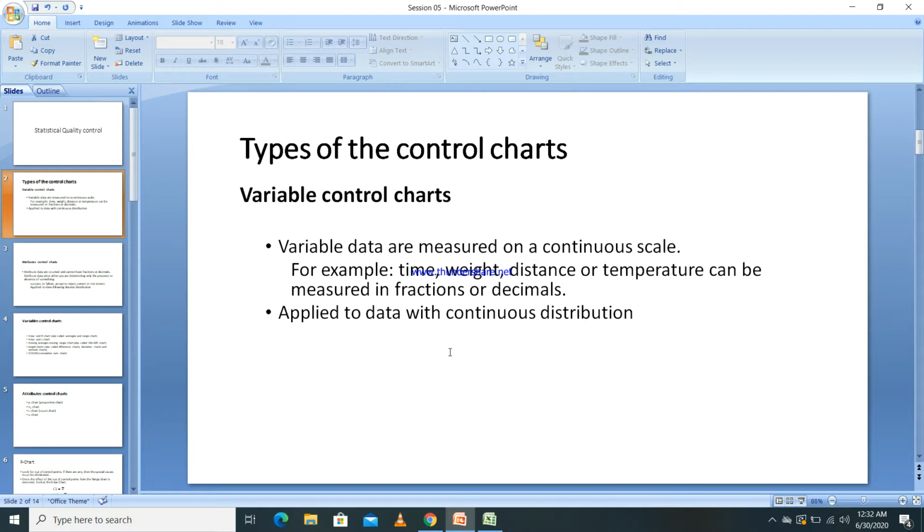Anything, but the important thing is this variable should be on a continuous scale. That is, the variable can be measured in fractions or decimals. So if you can find a variable which is on a continuous scale, you can use that variable in order to construct a variable control chart.